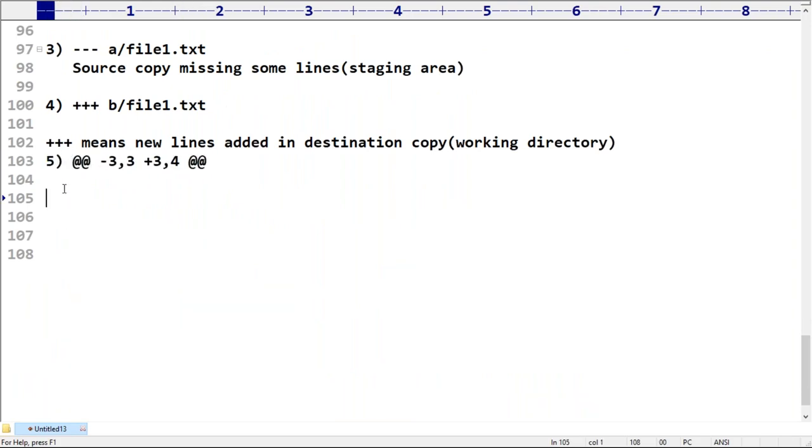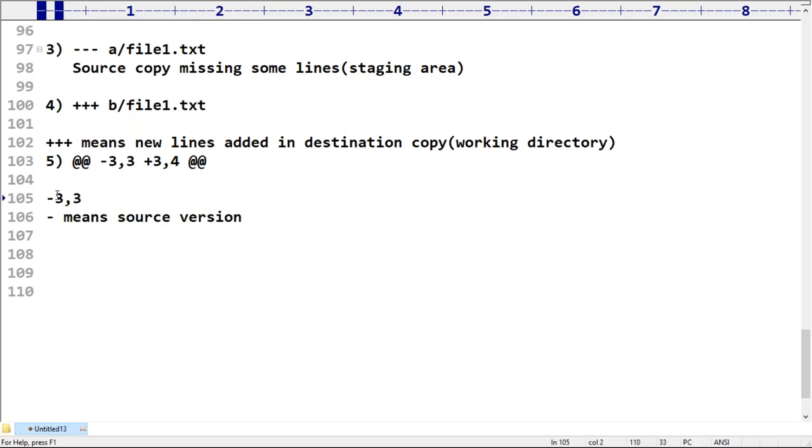Minus 3 here: minus means the source version. Remember that minus means source version.